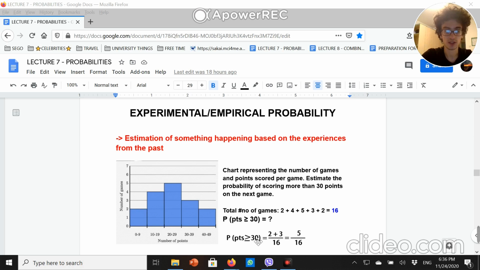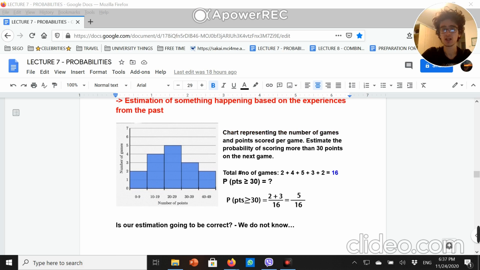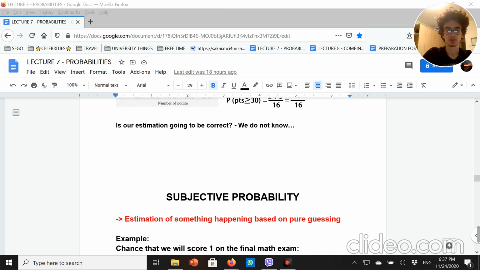So we would write that our probability will be 2 plus 3 divided by 16, which would give us 5 over 16. And we would say that the estimation, that the probability that we would score 30 or more points in our 17th game, will be 5 over 16. Once again, is it going to be a correct estimation? We don't know. Okay? But it is our estimation.